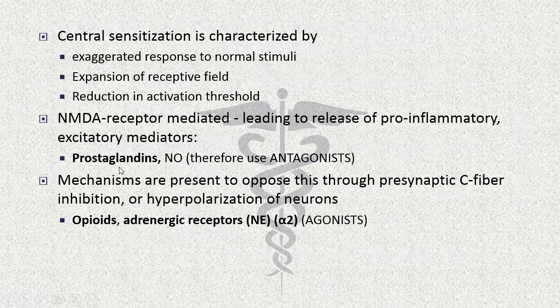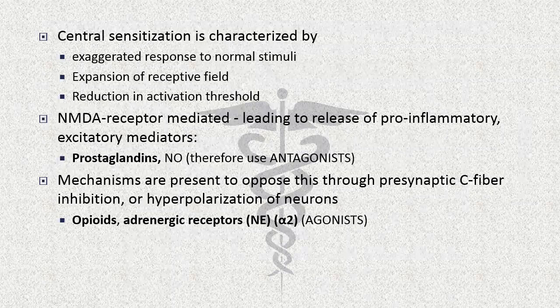Prostaglandins are a major one, and they are obviously a major target of different types of analgesic medications. So in order to counter this kind of sensitization, we use antagonists of things like prostaglandins.